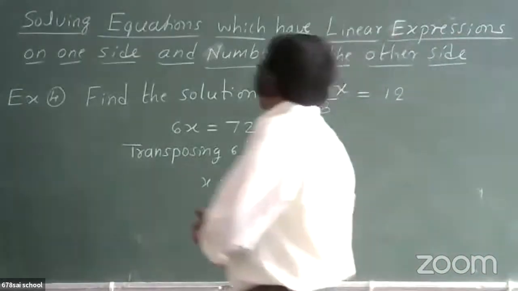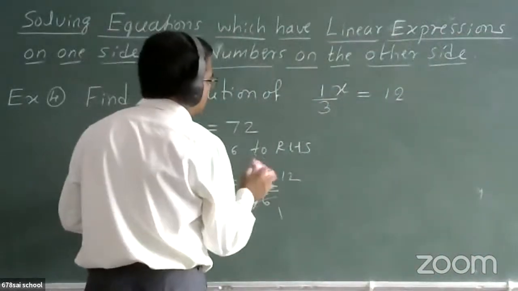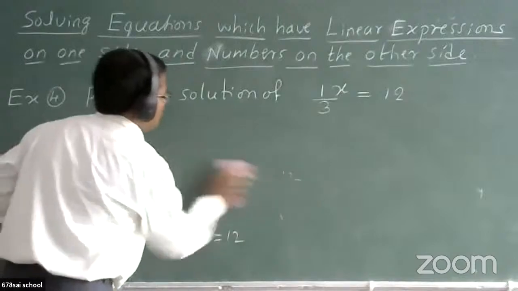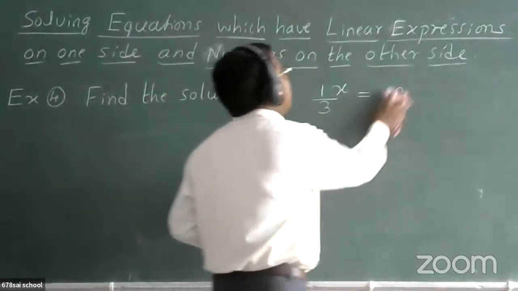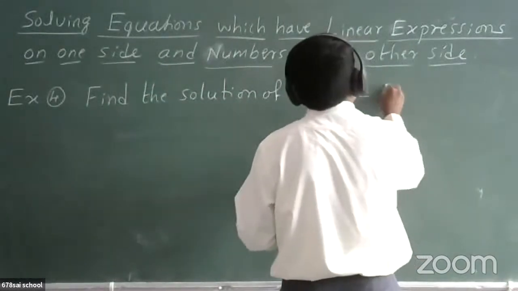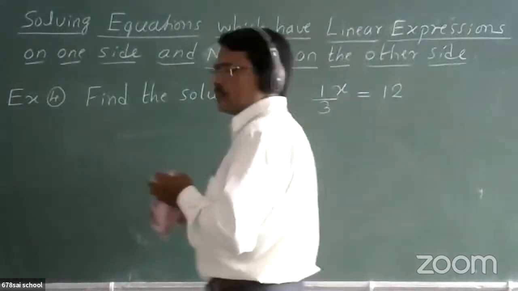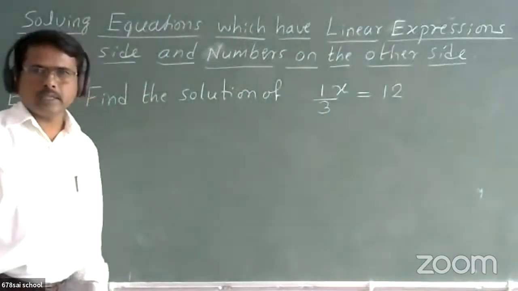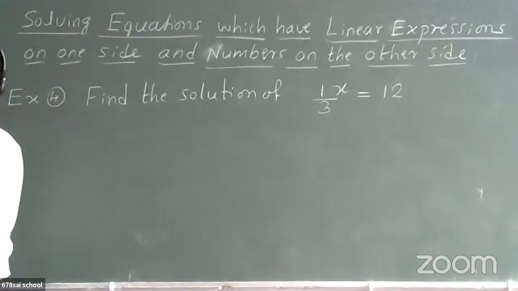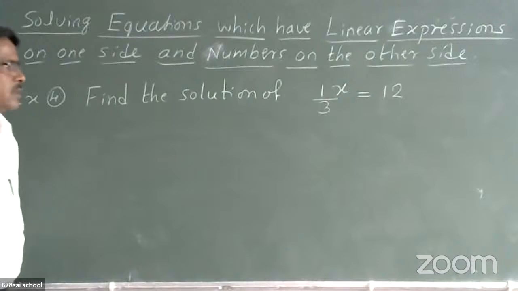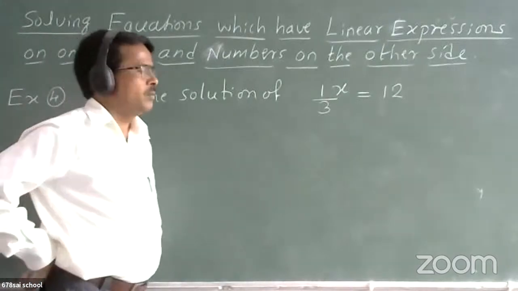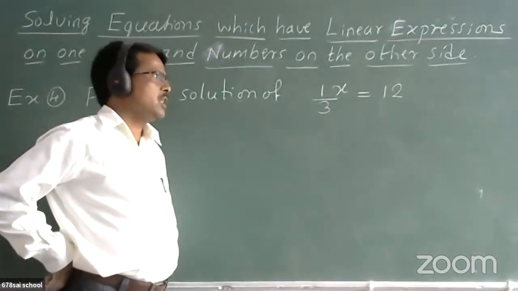What is the value of x? Can anyone tell me? 1 by 3x equal to 12. What is the value of x? One third of x is 12.